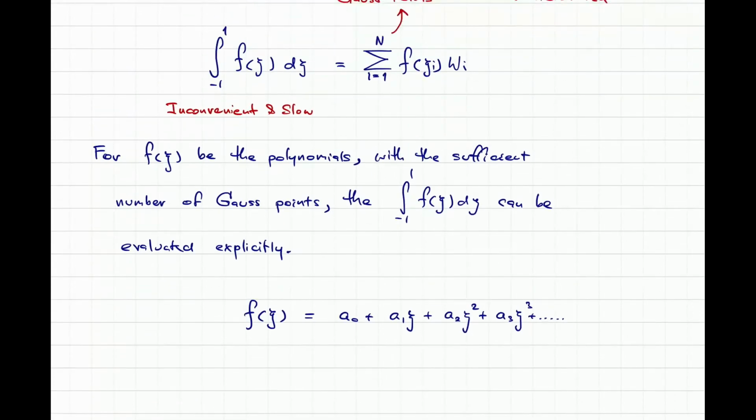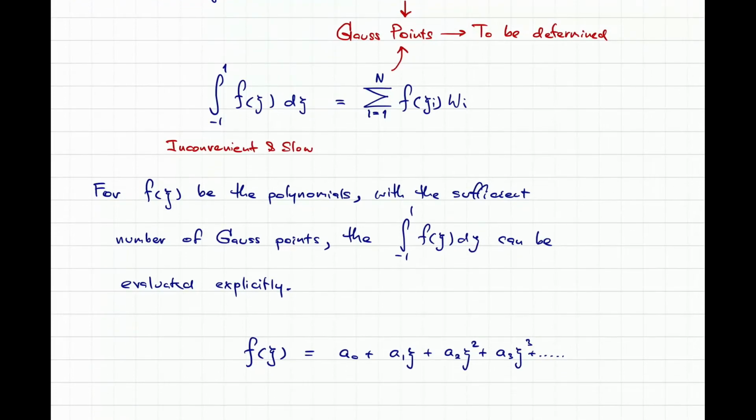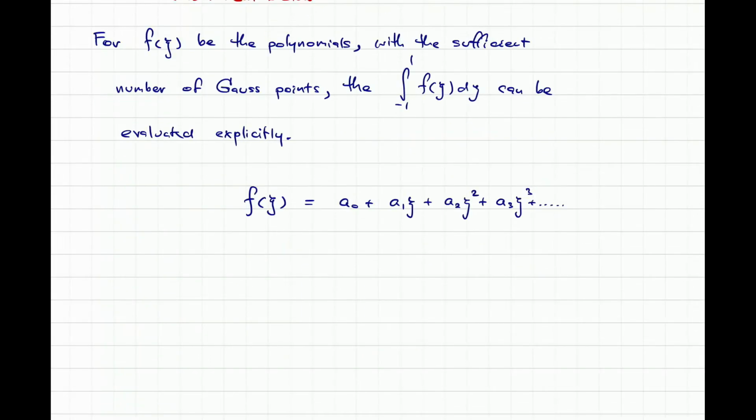Essentially, the beauty of this approach is that you will not transform this function into a0 c plus a1 c square over 2 plus etc. You don't have to do this.